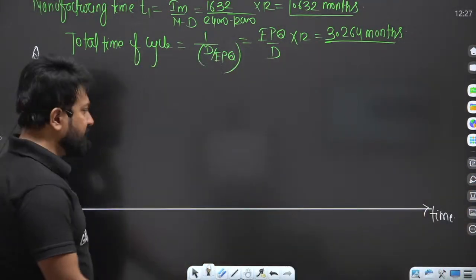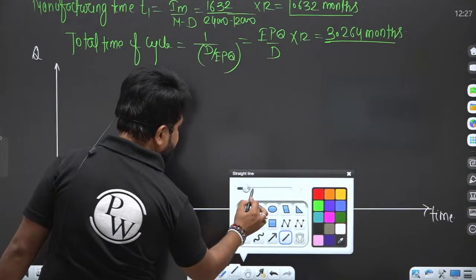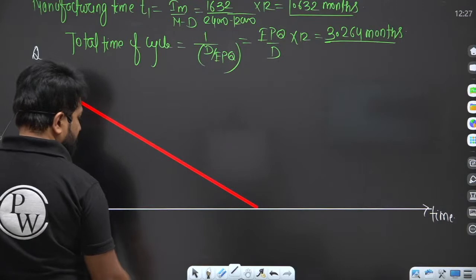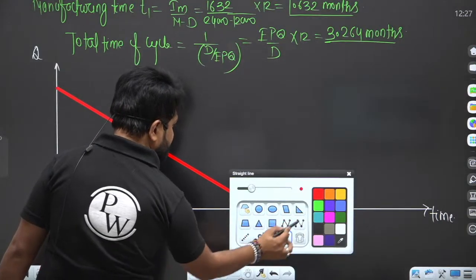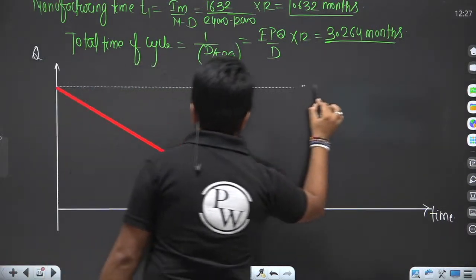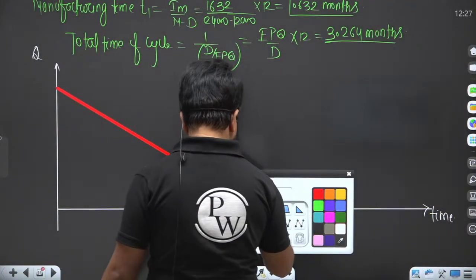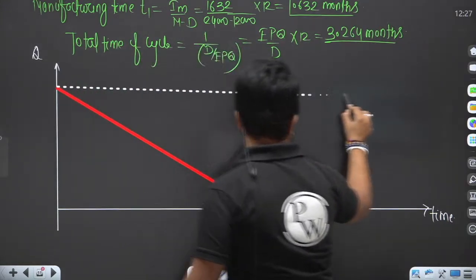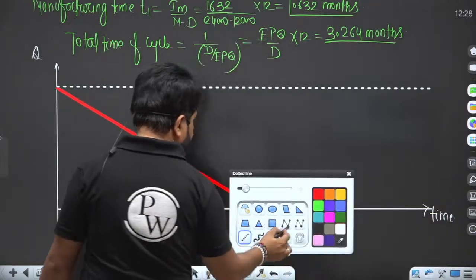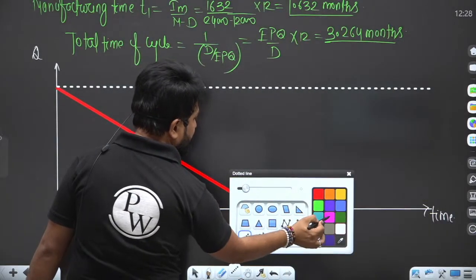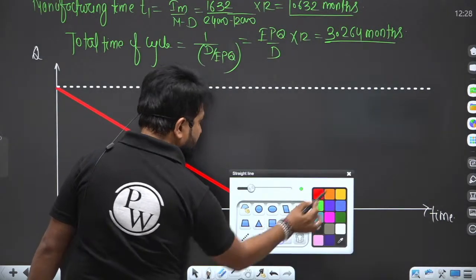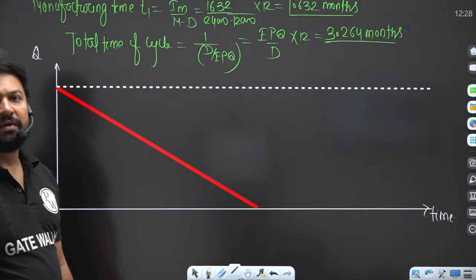So this is the consumption rate which I am showing here. And here I am drawing this line for my reference. Here we are going to manufacture also.